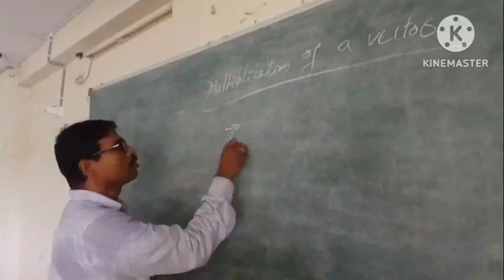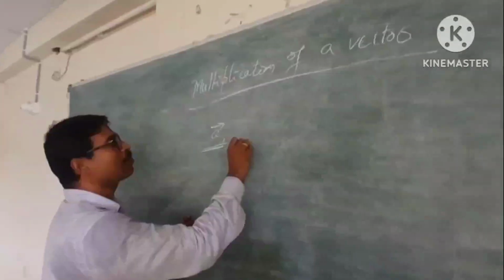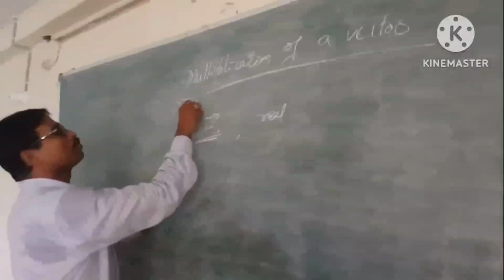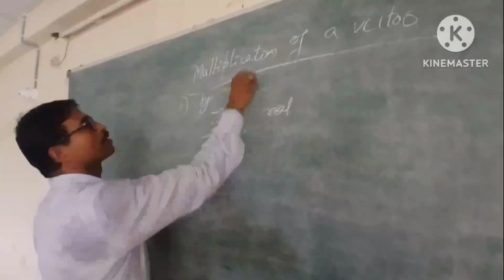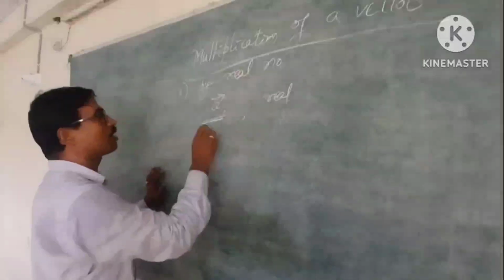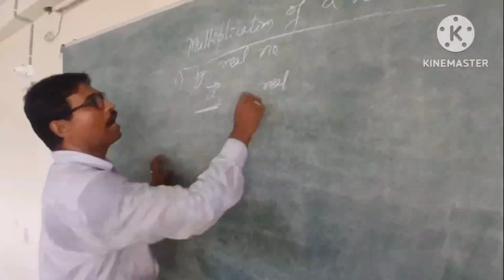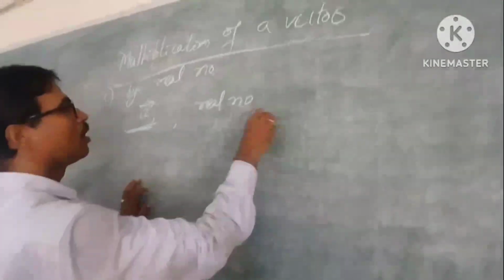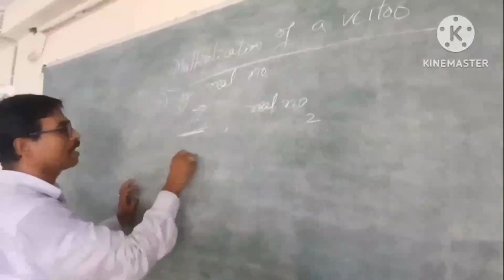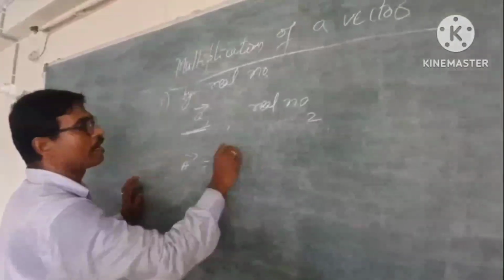That means multiplication of a vector by a real number. A is a vector, and a real number is suppose 2. What new vector does it produce? The new vector is 2A.